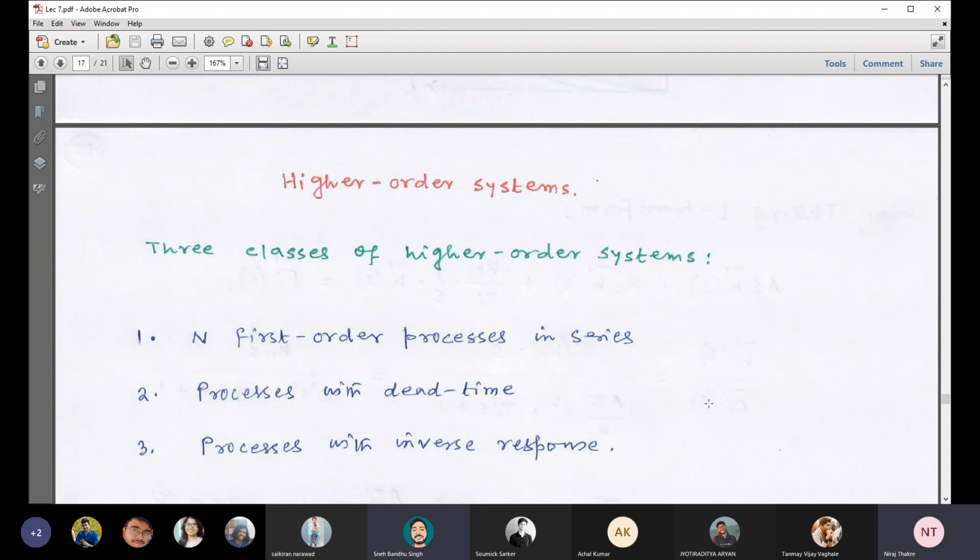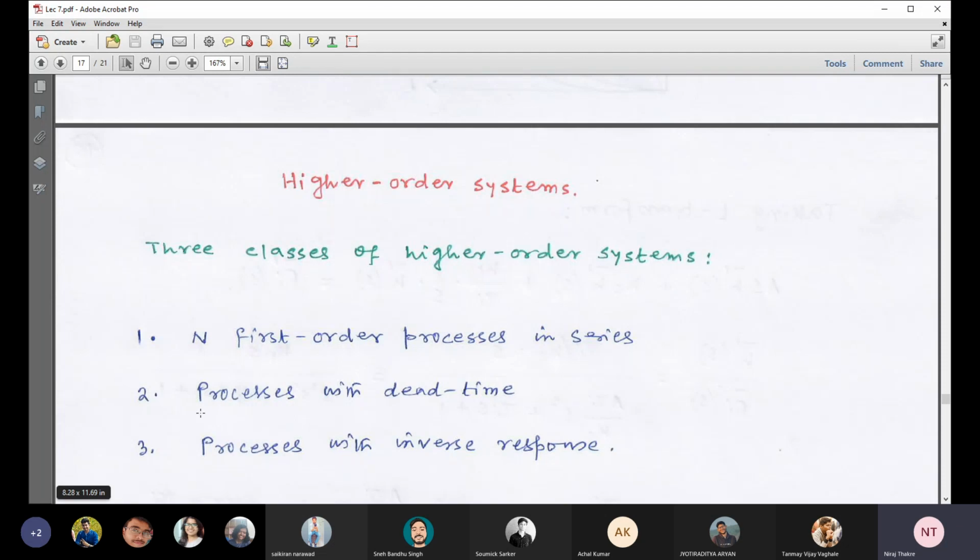Yeah, thank you. So in the last class, we talked about three different classes of higher order systems. First one is first order processes in series, that we have already discussed in the last class.